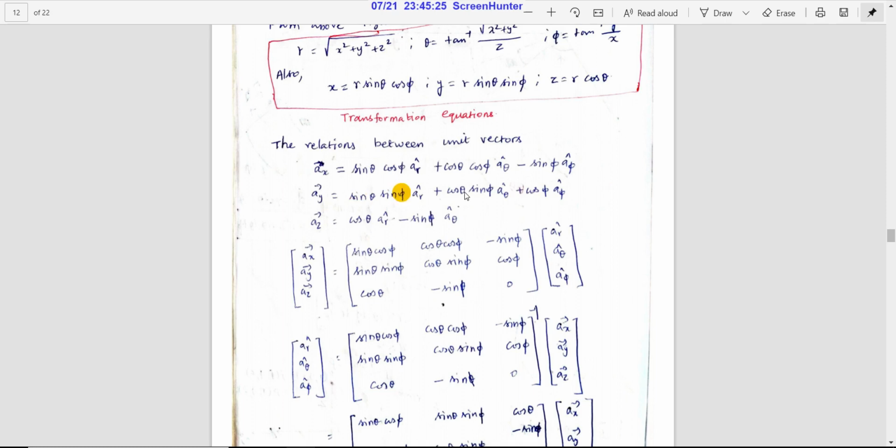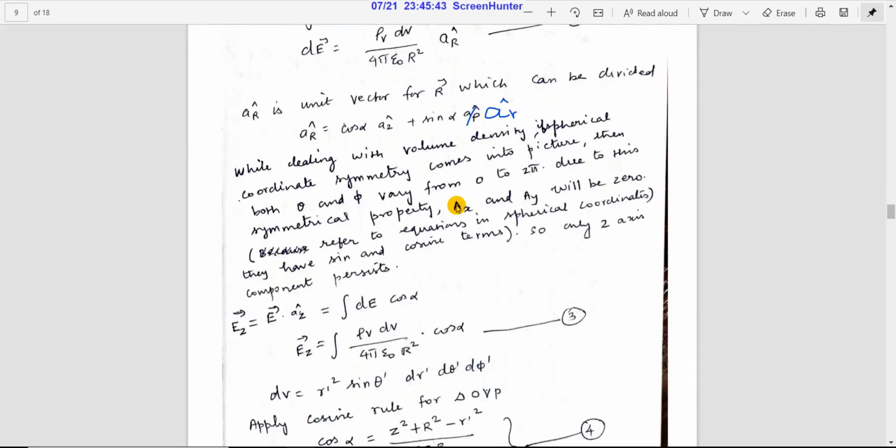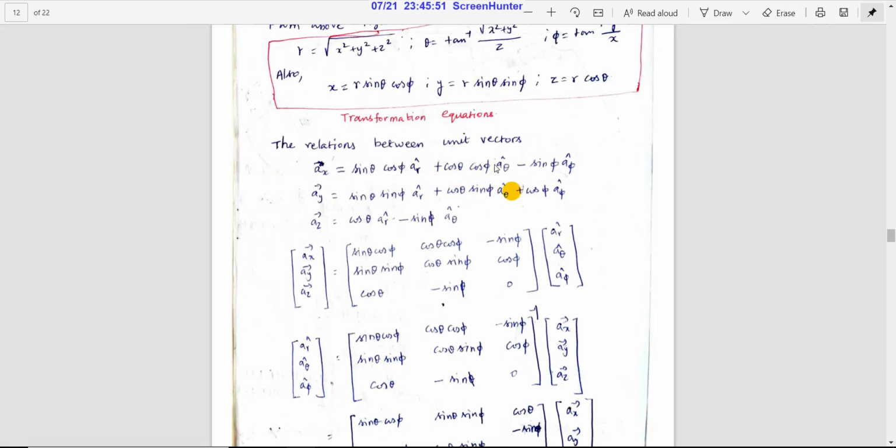If you substitute 0 to 2 pi in these equations, then the AX component and AY component will cancel each other, so only the AZ component will be there. Taking this into mind, we will have only the z-axis component. These two components will cancel each other if you substitute 0 to 2 pi for theta and phi in this equation.